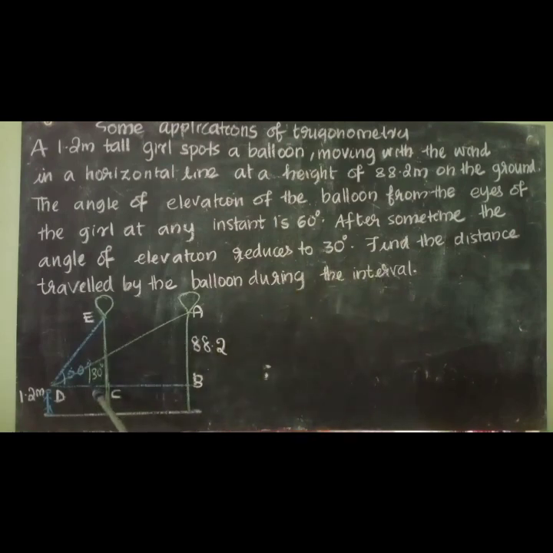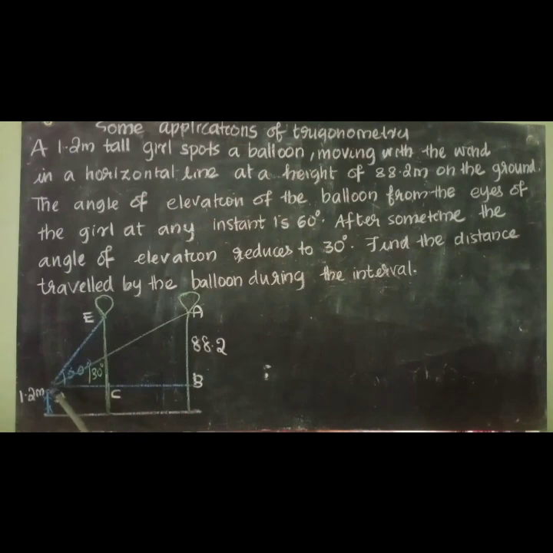So here is given the figure. A girl with a height 1.2 meter is on the ground. She spots a balloon at a height of 88.2 meter from the ground at an angle of elevation of 60 degree.